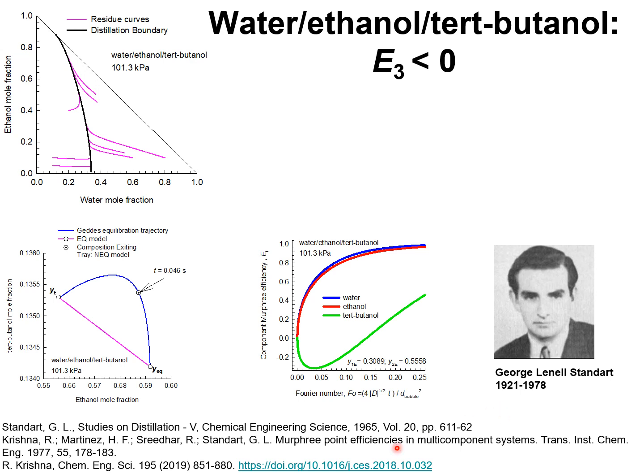For interested readers, you may also wish to read this paper on Studies in Distillation, number 5 in Chemical Engineering Science in 1965, that lays out the Standart efficiency as a more thermodynamically precise definition of the Murphree component efficiencies.